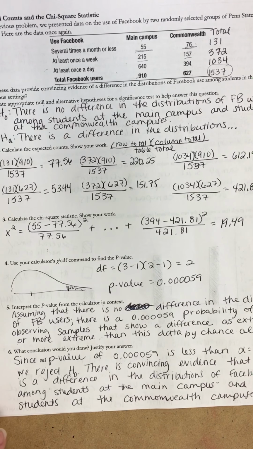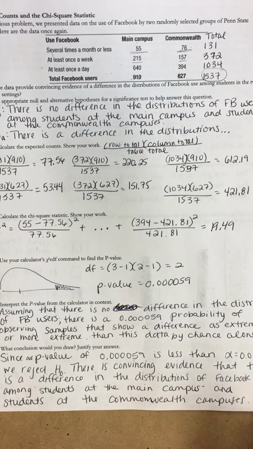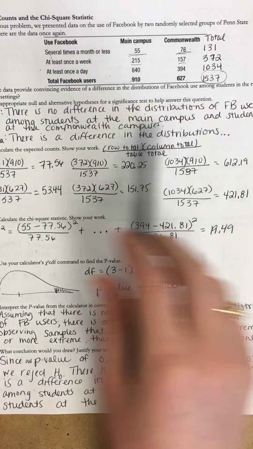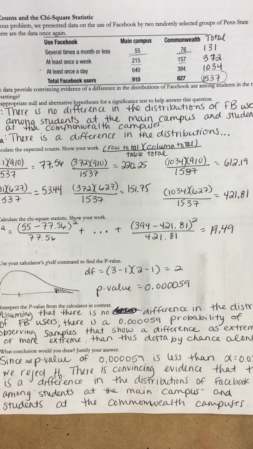Okay, hopefully you can read that. It's really messy at the end, but you get the idea. I'm just restating the HA in context, and so I filled in with the wording that I used on H null since I didn't write all of HA.